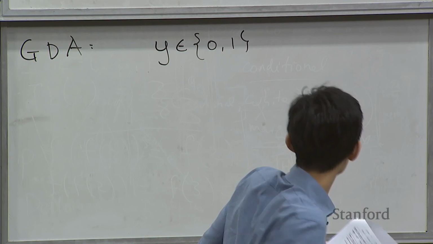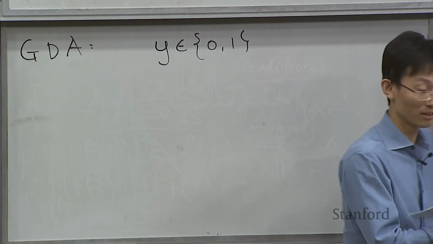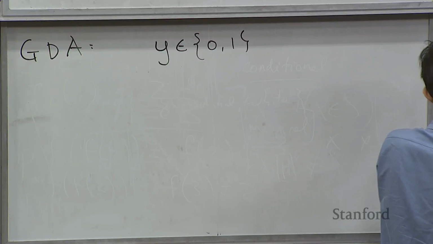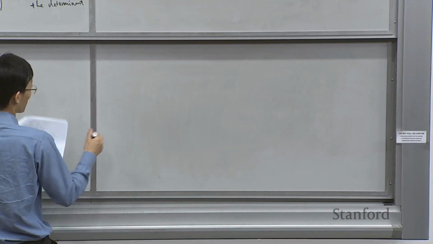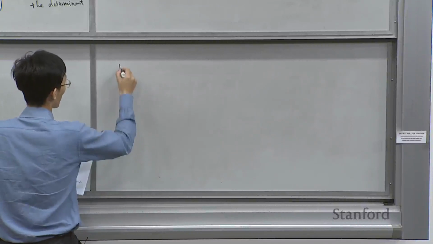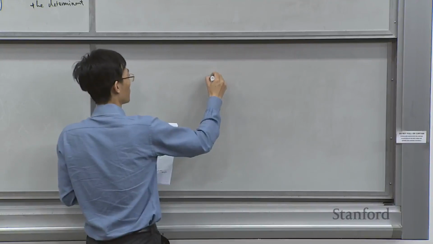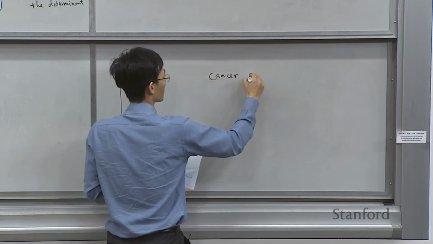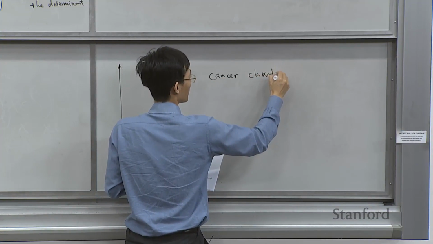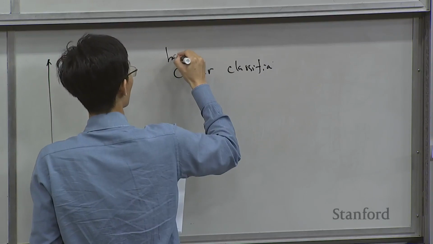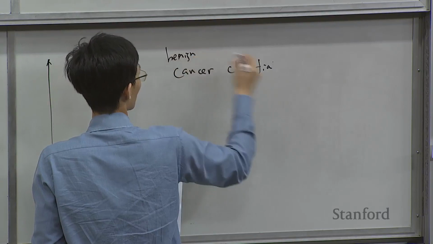One of the running examples we used to have for this GDA application is that you can think of, for example, cancer classification, like a benign or malignant classification.